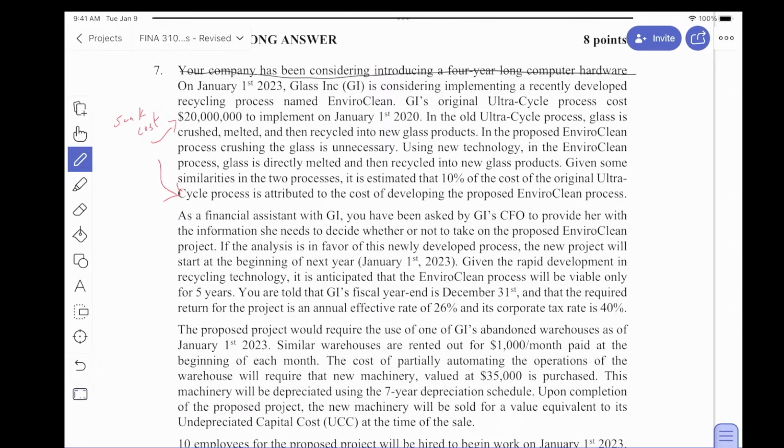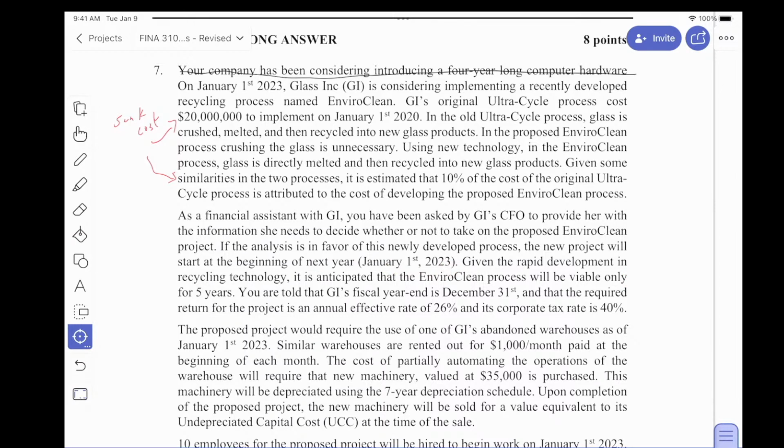Okay? As a financial assistant with Glass Incorporated, you have been asked by its CFO to provide her with the information she needs to decide whether or not to take on the proposed project. If the analysis is in favor of this newly developed process, the new project will start at the beginning of next year.